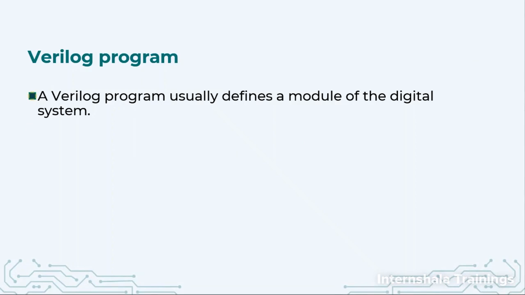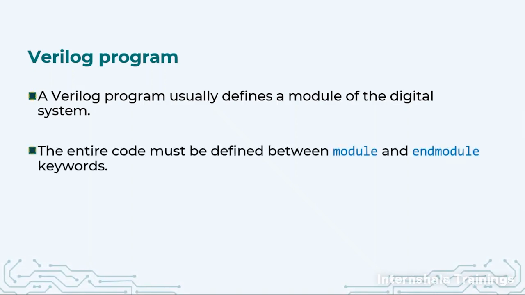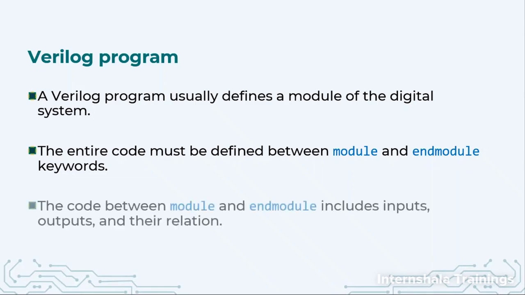Let us talk about the Verilog program now. A Verilog program usually defines a module. Technically, we call the function or the whole program a module. The entire code will be written inside two keywords. The first keyword of your program will be module and the last keyword will be endmodule.